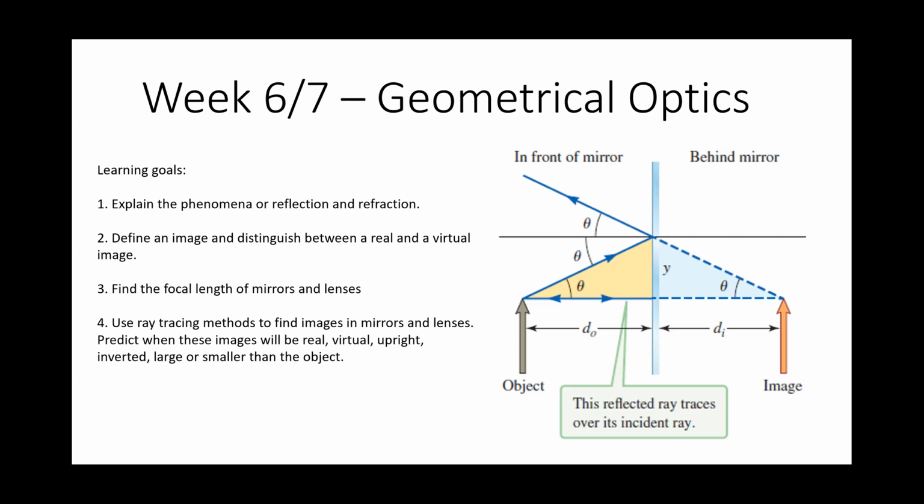All right, so this is the first of two lectures we're going to do on geometric optics. This week we're going to mostly be focusing on reflection and refraction and images created by flat and curved mirrors.